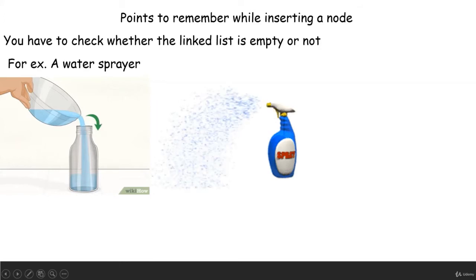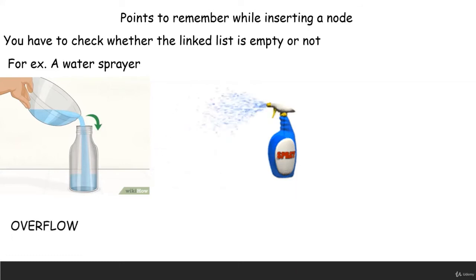Likewise, in a linked list, we have to first check whether the linked list is empty or not. Why? Because if the linked list is already full and you still try to insert nodes into it, then overflow occurs. Means the water will start flowing out of the bottle. Likewise, the condition will occur in a linked list where overflow is in process.